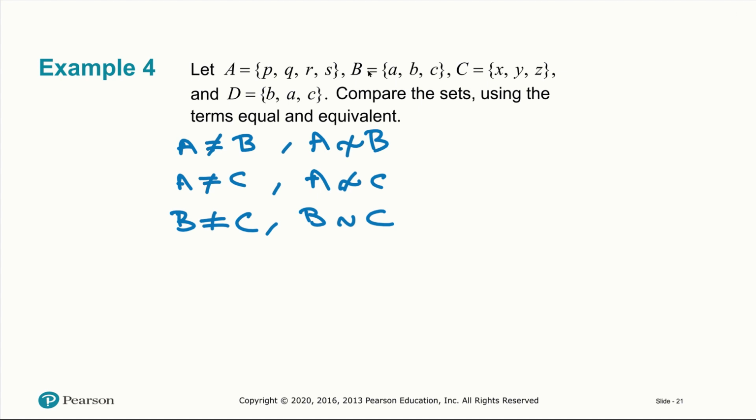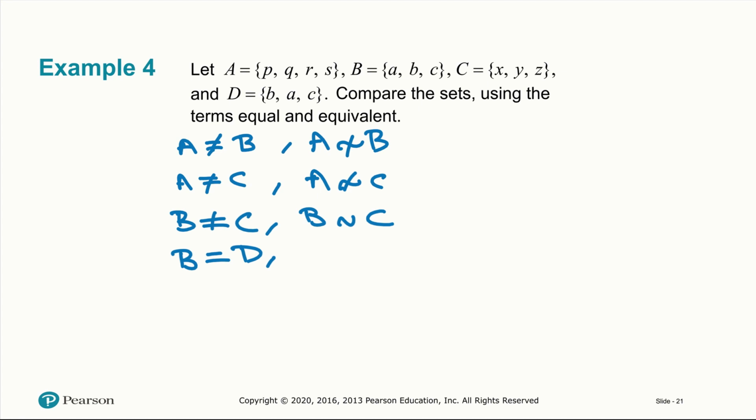So now let's move on to B and D. Now, B and D, are they equal? Yeah, the orders are the same, and they have the exact same elements, don't they? So B and D are equal. Now, do I even need to think about whether they're equivalent or not?